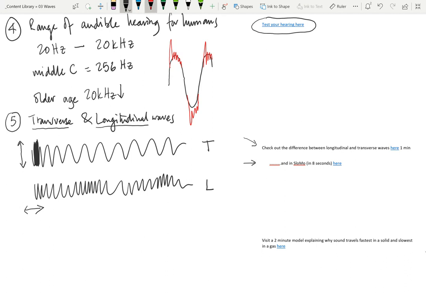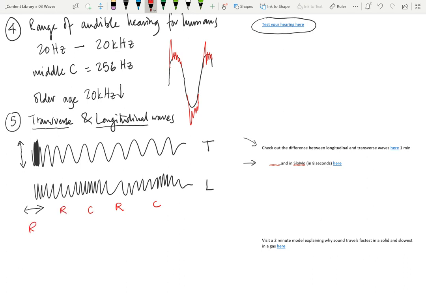But if we consider the longitudinal wave, then what happens is you get things that are called compressions. You get a compression where there are loads of particles, and then you get a rarefaction where there aren't very many particles. So this would be a compression, and then this would be a rarefaction, and then this would be a compression, and I told you it was a lousy picture.